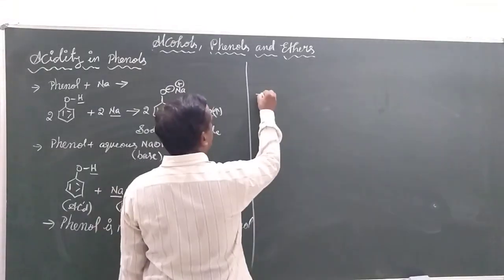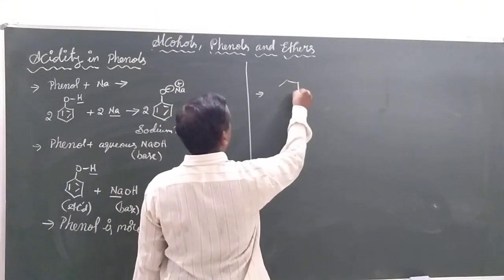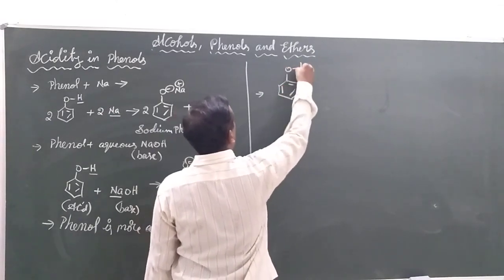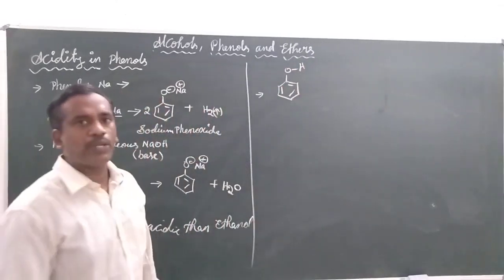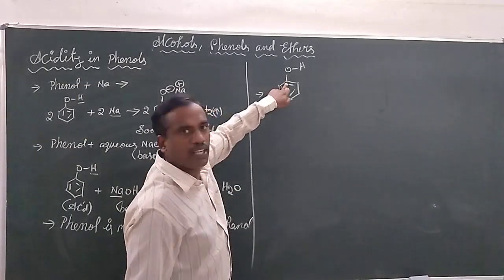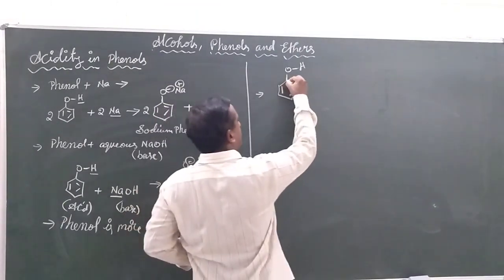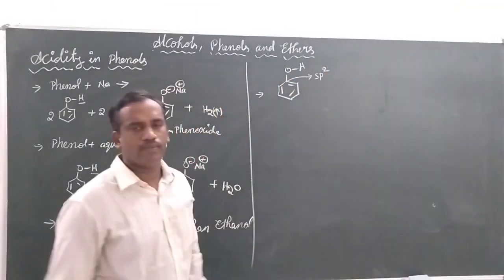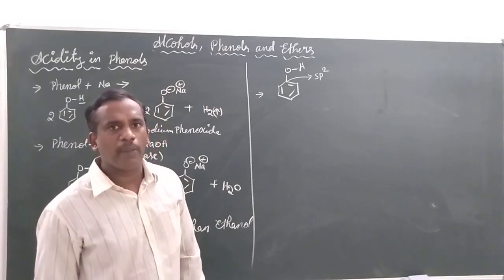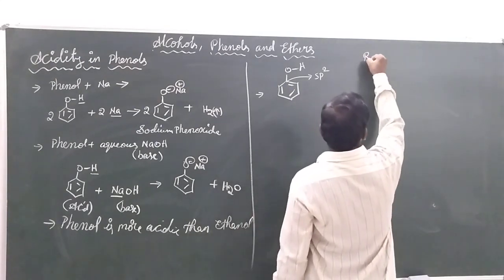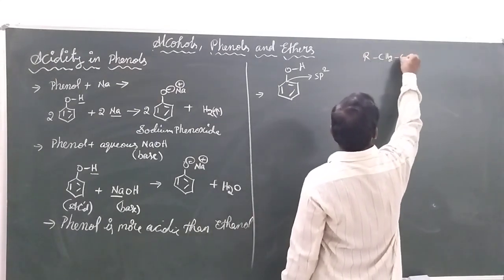Studying phenol clearly, in benzene we have alternate double bonds, and the OH is attached to a carbon whose hybridization is sp2. It is an sp2 hybridized carbon. Let us compare with any of the alcohols.